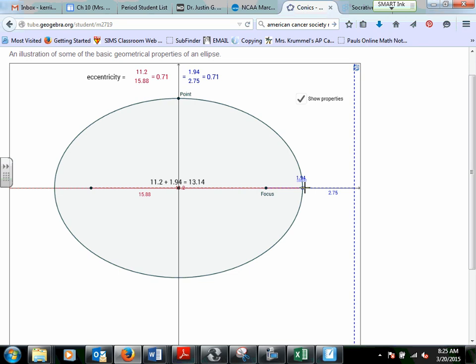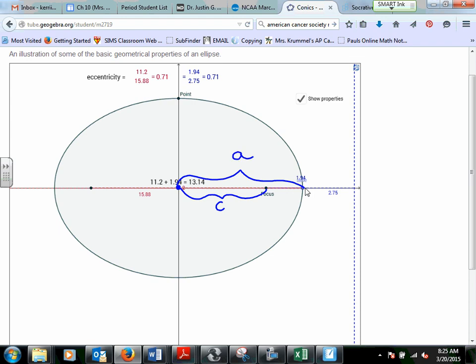Let's focus on A's and C's. What's the distance from the center to the focus? This is C, right? And what's the distance from the center to this vertex? A.